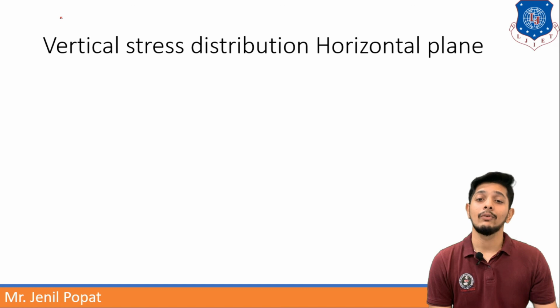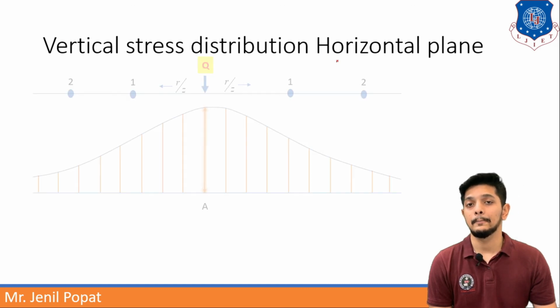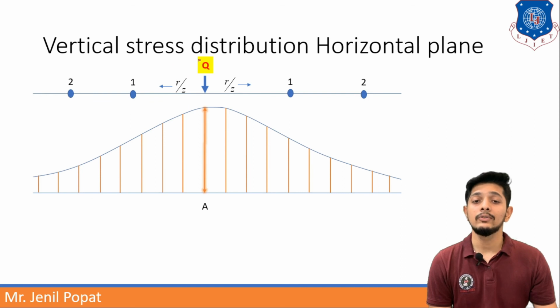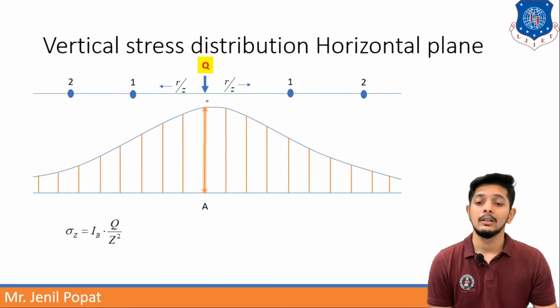Let us understand vertical stress distribution on a horizontal plane. If the concentrated load Q is applied here and r by z has distances 1, 2, 1, 2 on both sides, we can see the stress distribution like this. How will we get this? We can write the Boussinesq equation sigma z is equal to Ib into q by z square.